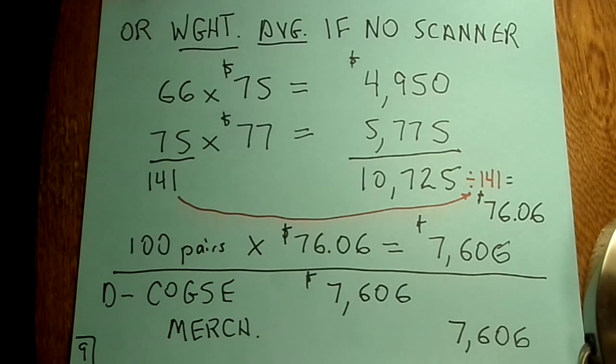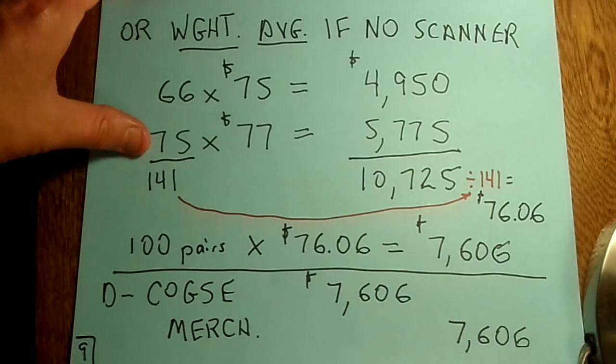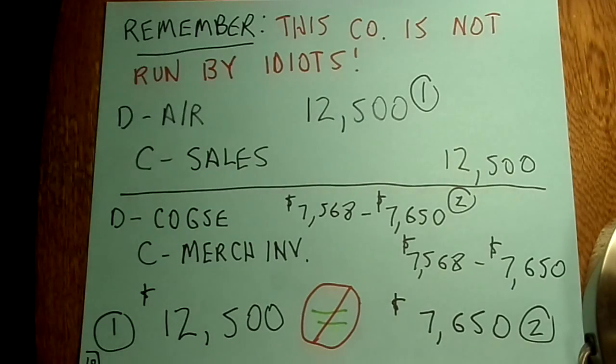When we get those numbers, we divide the total cost of the inventory by the number of units, and we come up with an average cost of each item, which turns out to be $76.06. Then, when we multiply the 100 pairs sold times $76.06, we get $7,606, and you can see that's the number we plug into the entry that debits cost of goods sold expense and credits or reduces merchandise inventory.